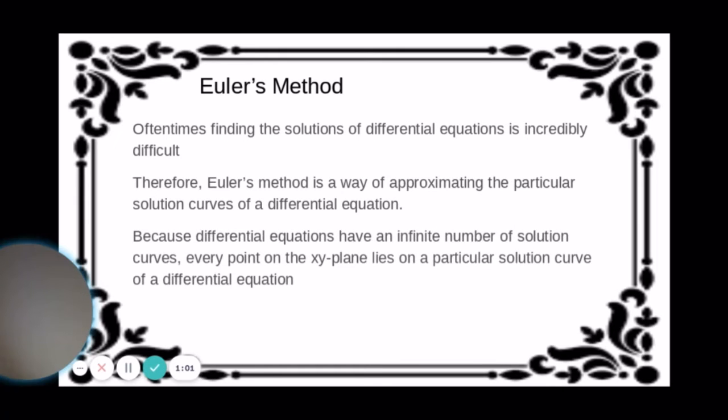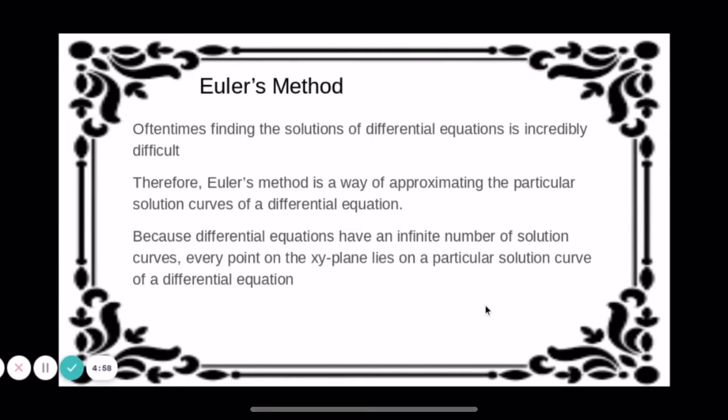Because differential equations have an infinite number of solution curves, every point on the xy plane lies on a particular solution curve. So as long as you are given a point xy, those can be your initial conditions, and with that you can find the particular solution curve that goes through the point xy.